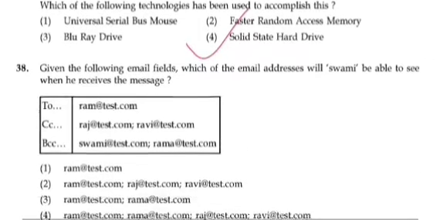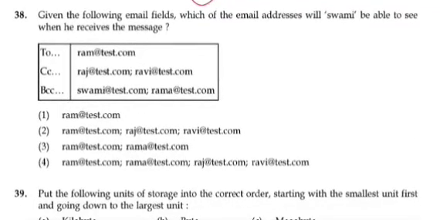38, given the following email fields, which of the following addresses will Swami be able to see when he receives the message? To: ram@test.com; cc: raz@test.com; ravi@test.com; bcc: swami@test.com; rama@test.com. So what will be the correct answer?